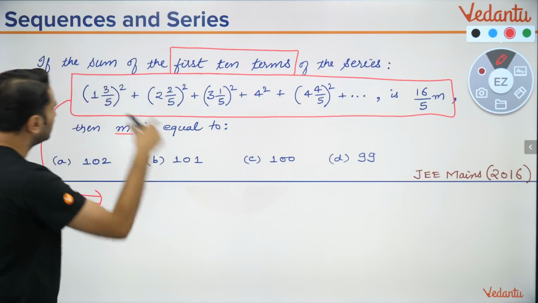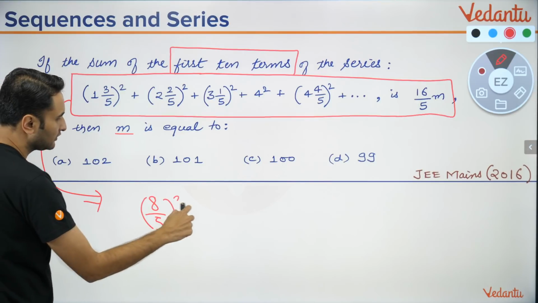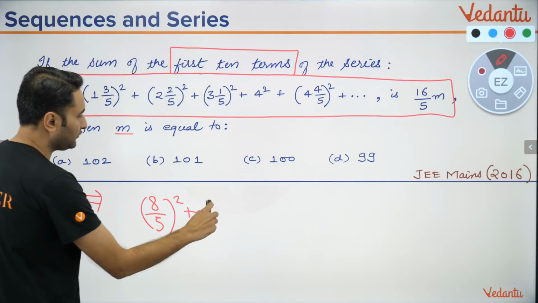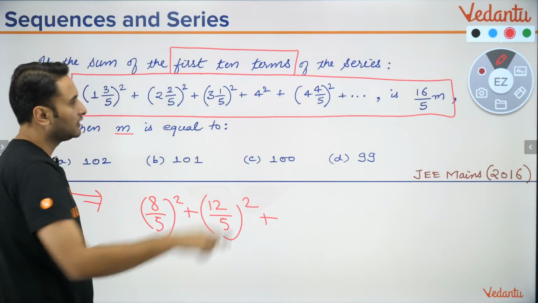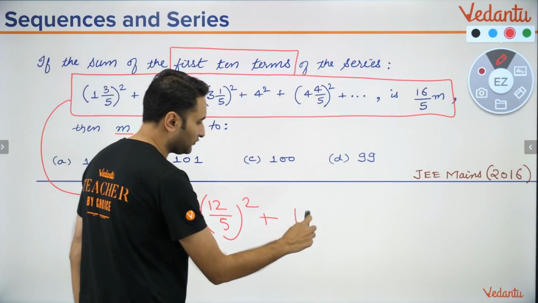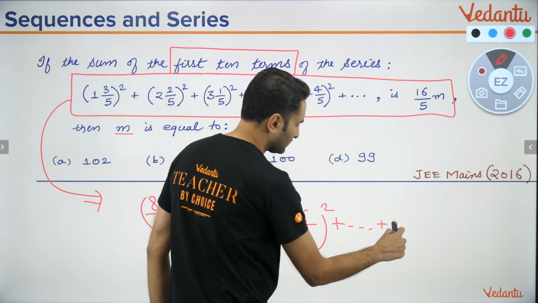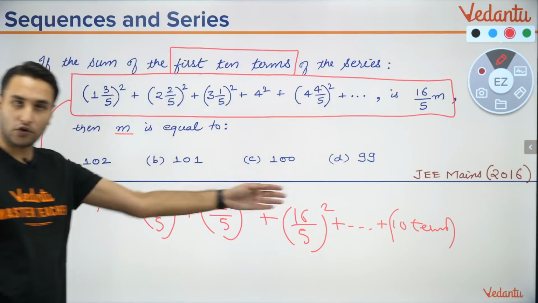This will be 8/5. 2 square plus 2 2/5 कितना हो जाएगा? 12/5. 3 square plus 3 1/5, that is 16/5. This is what you want.